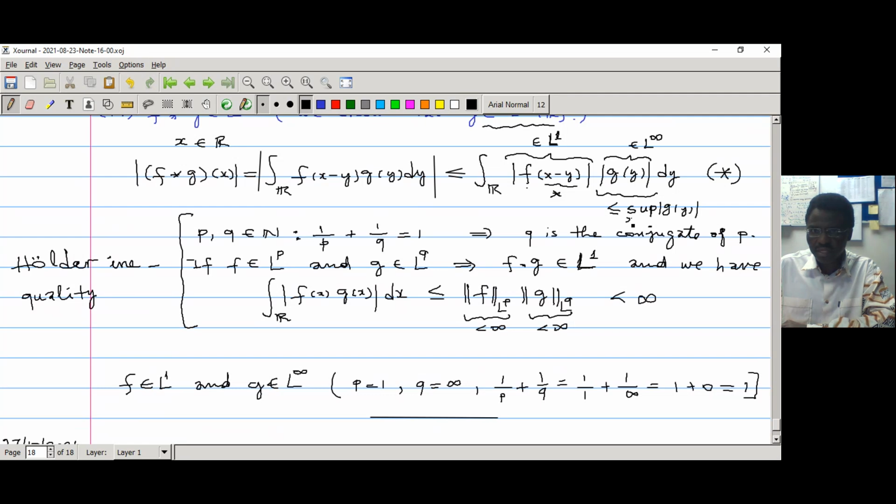Of course, we take y in R. Instead of R, I can even put x, but x in R, because it's a dummy variable.